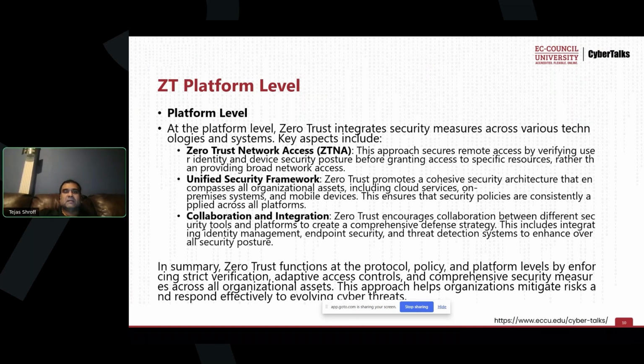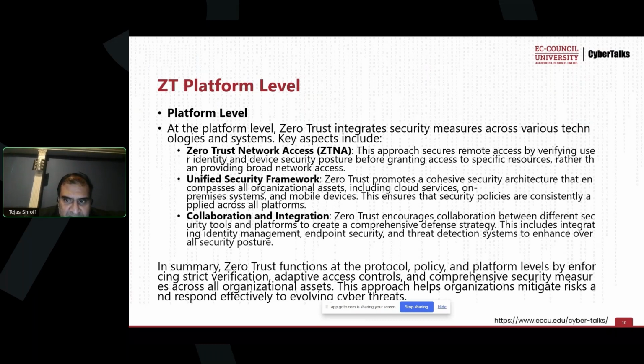So zero trust will function at your protocol level, policy level, and platform level by enforcing strict verification and adaptive access controls. Adaptive access controls will allow you to modify the access if you flag something. It's not like once you give the access, you're giving it for life. You have to continuously monitor and adapt the access controls.